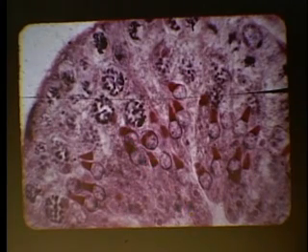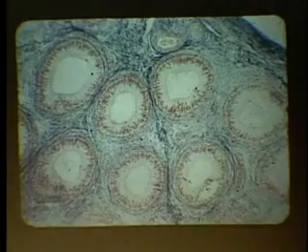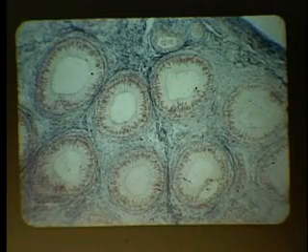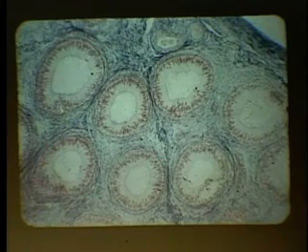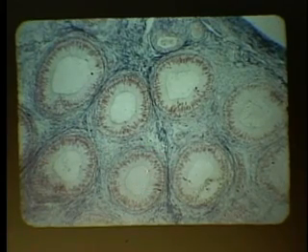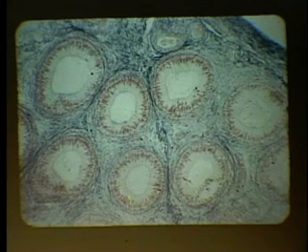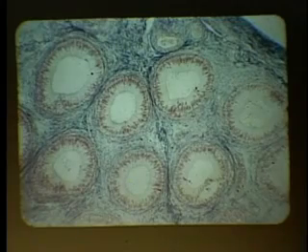In the next one, this is a cross-section through the epididymis, where you'll have this tube all coiled up, and it will have cilia on the epithelium, providing the nutrient to nourish the sperm.